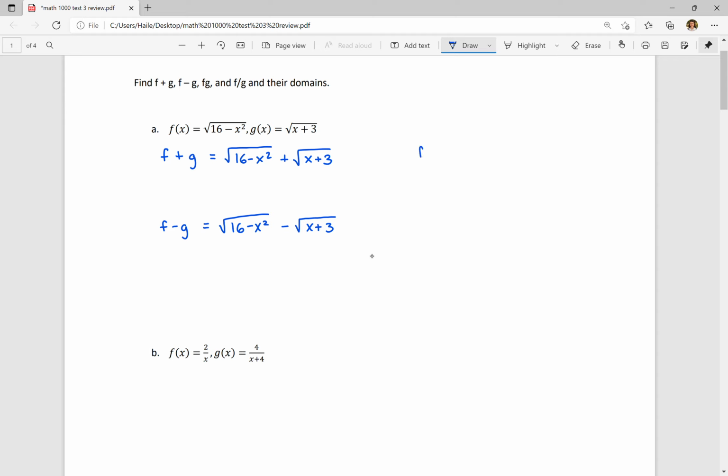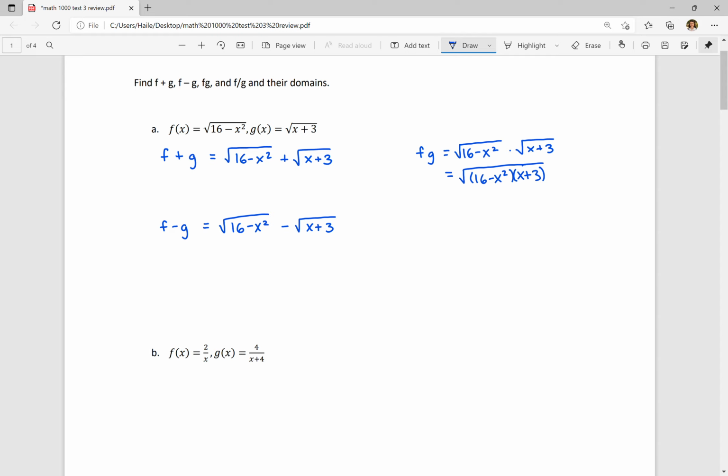For f times g, we're going to multiply our two functions. So we'll have the square root of 16 minus x squared times the square root of x plus 3. Now when you multiply two square roots, you can multiply the two things under the square root and write it as a single square root. So we can say this is the square root of (16 minus x squared) times (x plus 3).